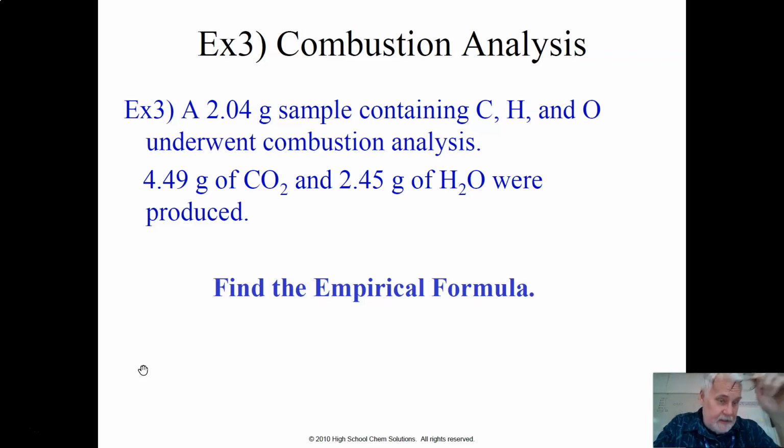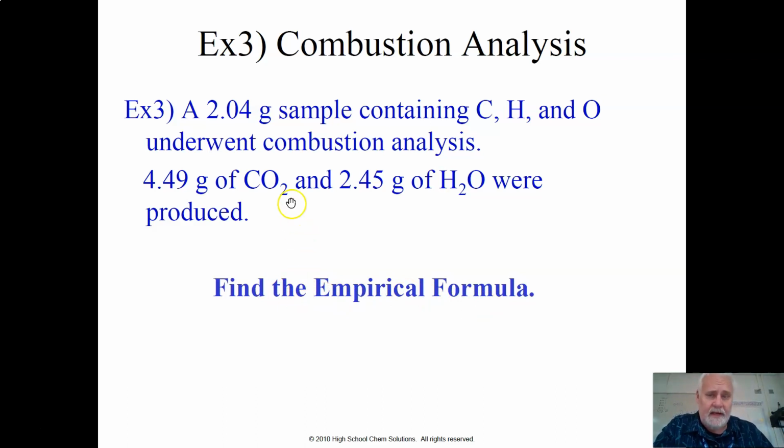So that's something that we could measure out on our scales in the room here. And upon going through that combustion analysis, it's found that there was 4.49 grams of CO2 and 2.45 grams of water. And then it says, find the empirical formula of the compound.